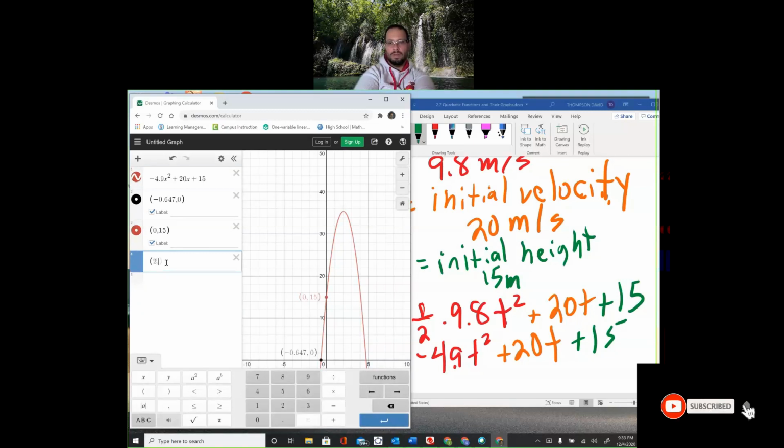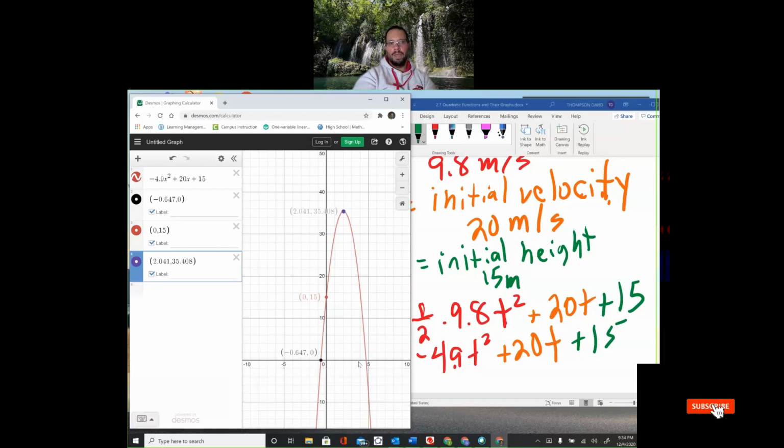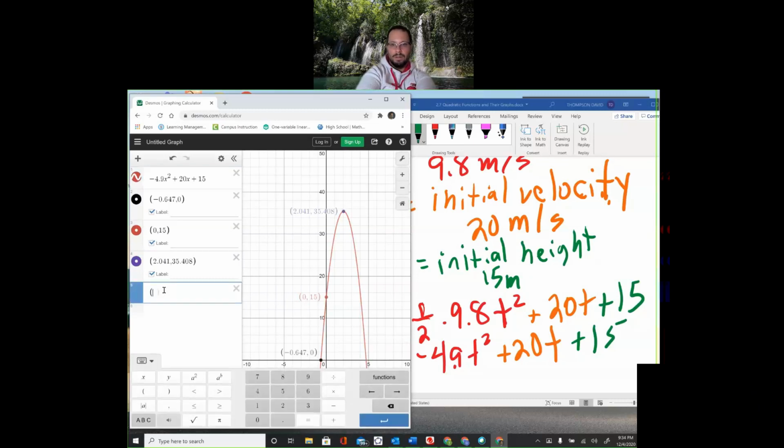There's our max. And then we have our last zero, which is at 4.729, comma 0. And we'll label that one as well.